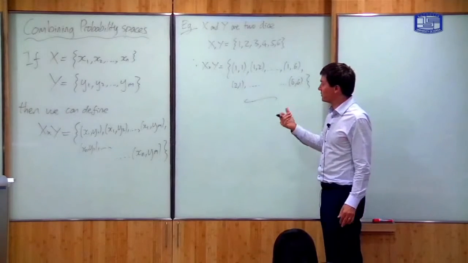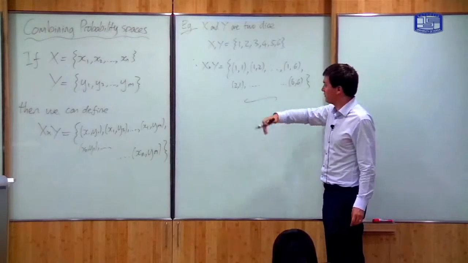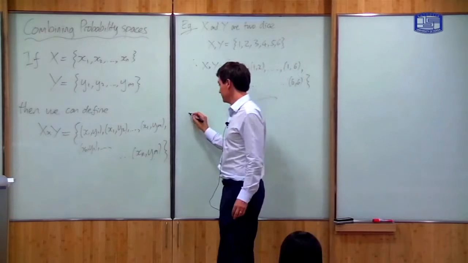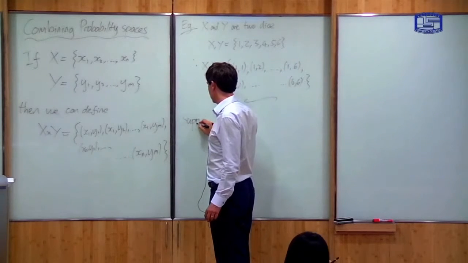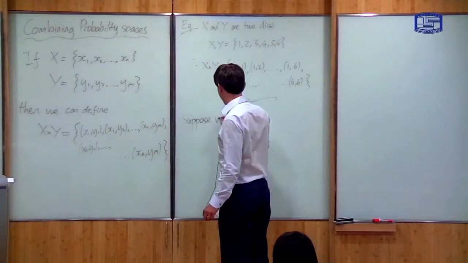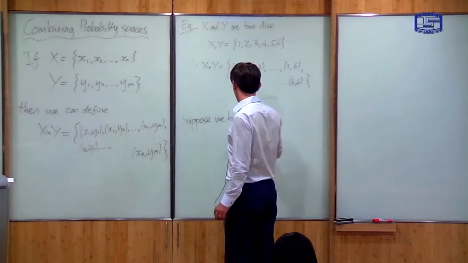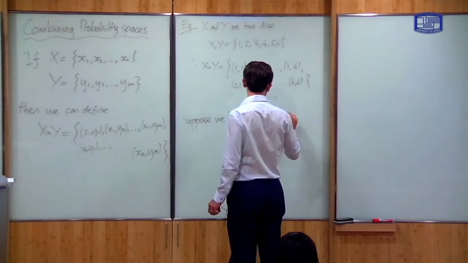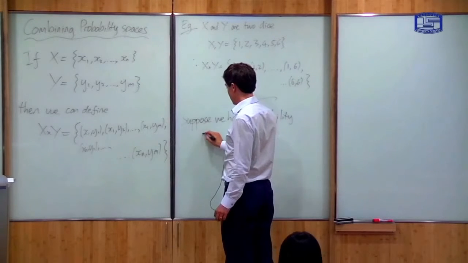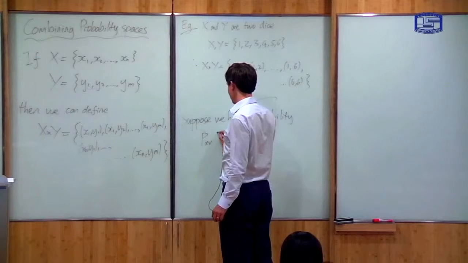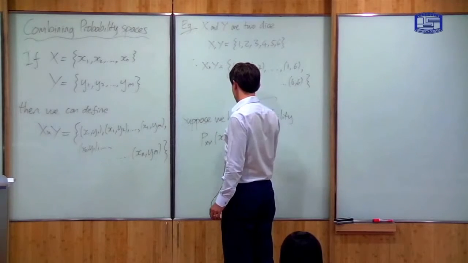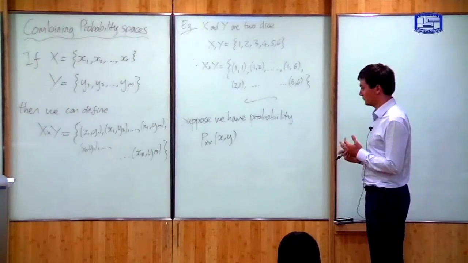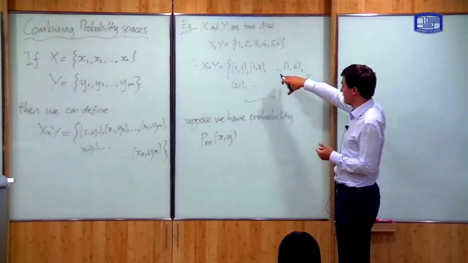Now suppose that we've got a joint probability distribution. That means we've got a probability on this product. So suppose we have probability Pxy of x and y. So we have a probability on the joint space.